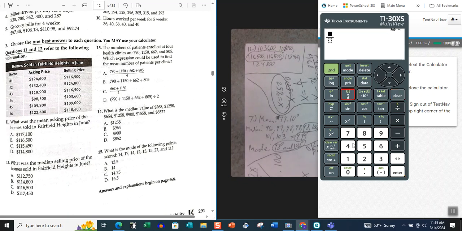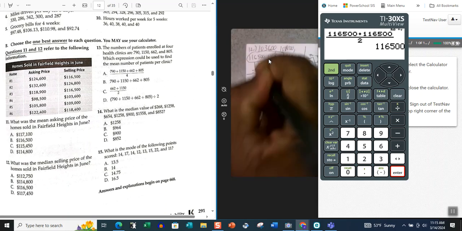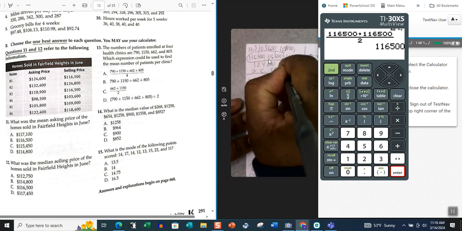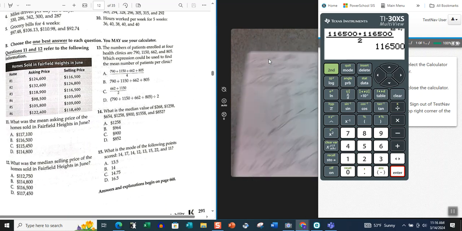N over D, we have 116,500 plus 116,500, hit the down arrow, 2, and press enter. You see how it gave us the same answer? That's only if they're exactly the same. So your final answer here would be C, $116,500. So that would be number 12.